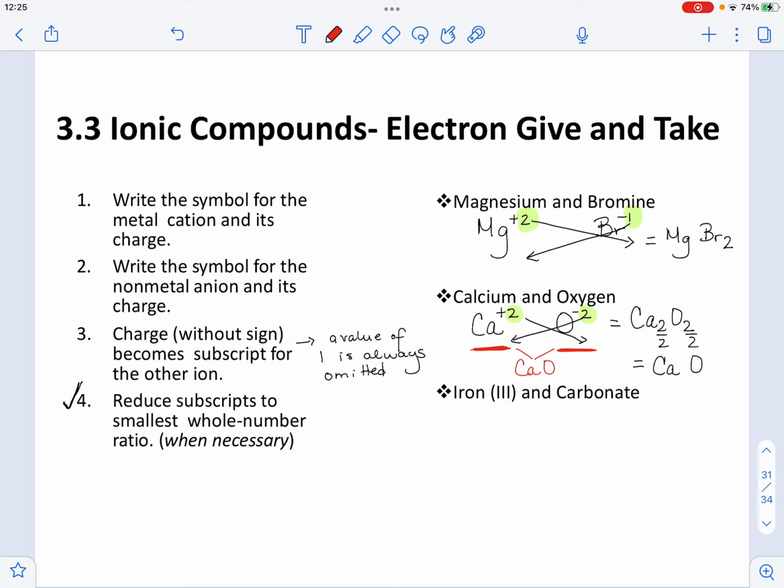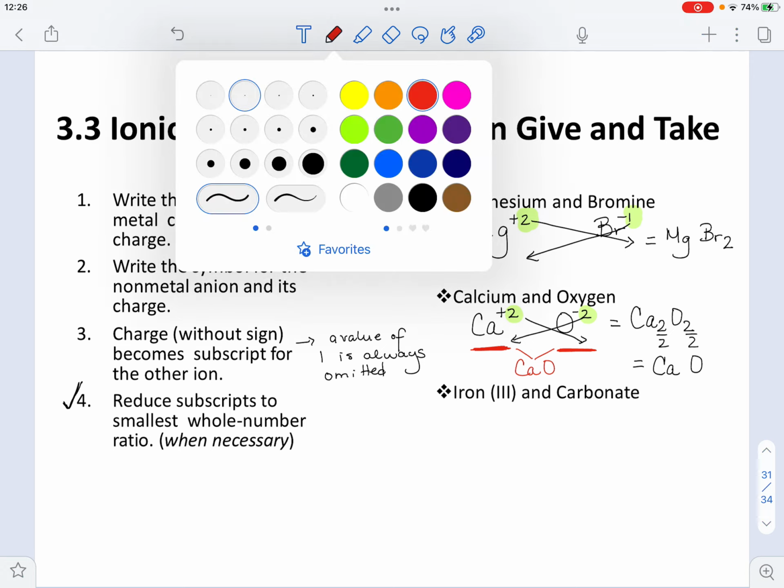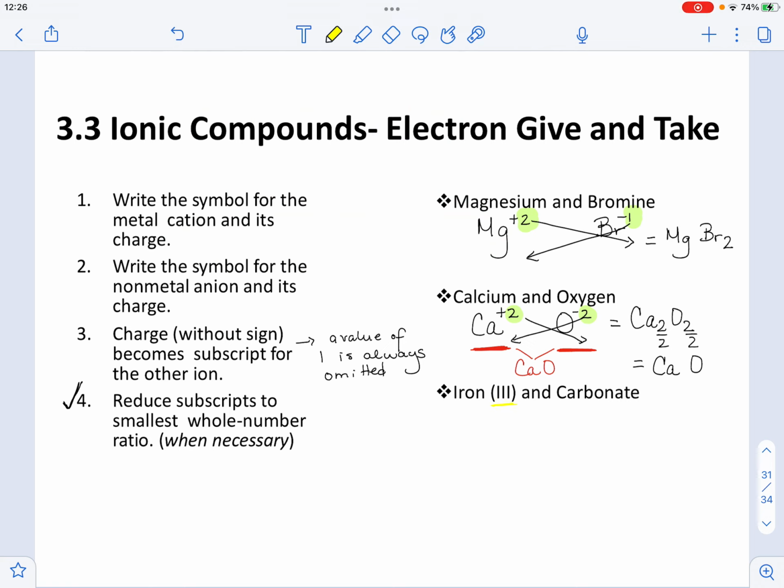What if we're doing a process in which I have a variable charge element, like I see iron? You can see here how the Roman numeral will tell you what's going to be the charge on the iron. That's the key to know that you have a variable charge ion, that you have the name of the element, and in parentheses you see a Roman numeral.